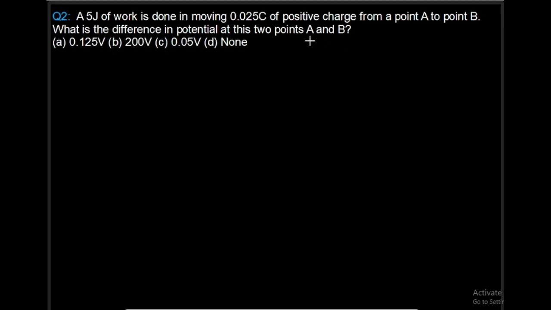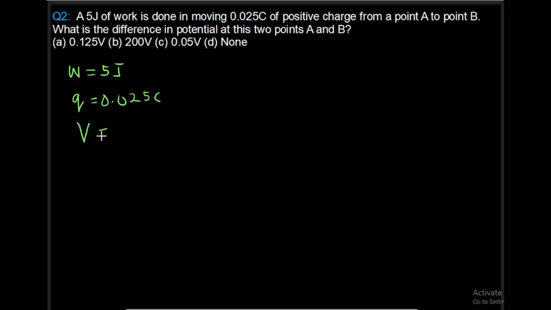All right. Now we are talking about potential difference, and they gave us W. The work done is 5 joules in moving 0.025 coulomb of positive charge. So we have the charge given to us, 0.025 coulombs. All right. So they said, what is the difference in potential? Difference in potential has the symbol V, just like electric potential. All right.